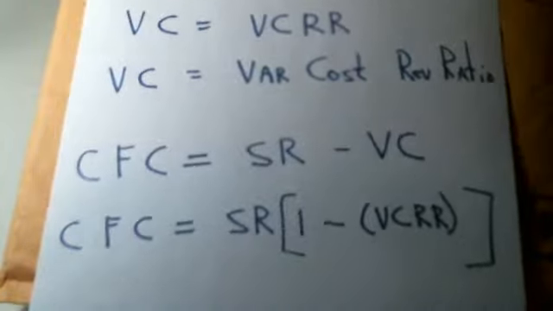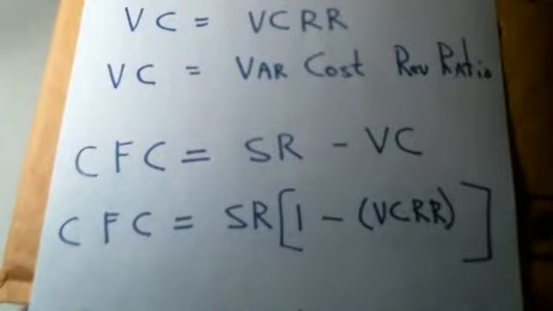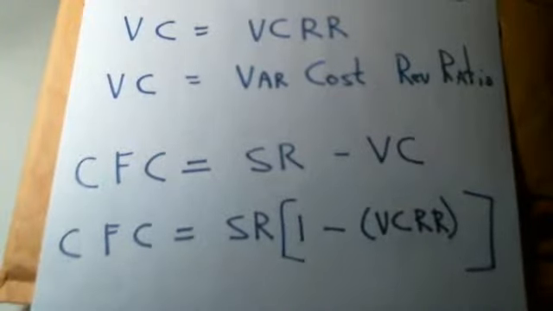So now we can take the equation, bring that over from the other page. CFC equals SR minus VC. So your fixed cost equals survival revenue minus the variable cost. Now we can do some factoring out of that equation, as you may remember from algebra. CFC equals SR times 1 minus the VCRR.